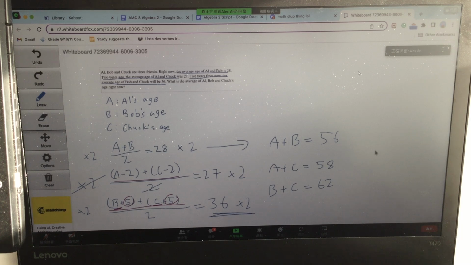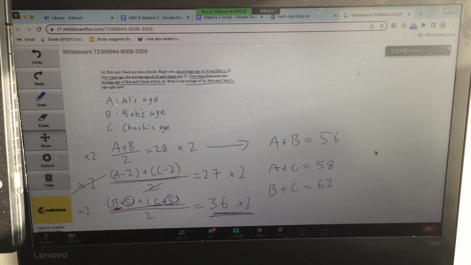And now technically we have 3 equations and 3 variables. So technically we can solve for Al, Bob, and Chuck's individual ages. We can do that, but the question is asking for the average of Al, Bob, and Chuck's age right now, which means if we can find the sum of their 3 ages, then we can answer the question.